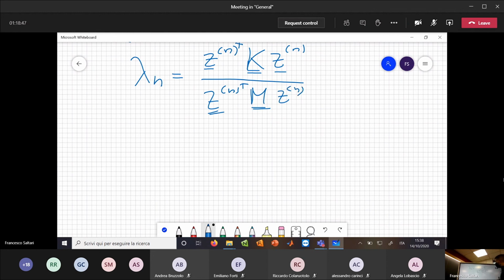As you know from the class of structural dynamics, this must always be greater than 0, or at least equal, for instance when we consider rigid body motion, and so rigid body modes.